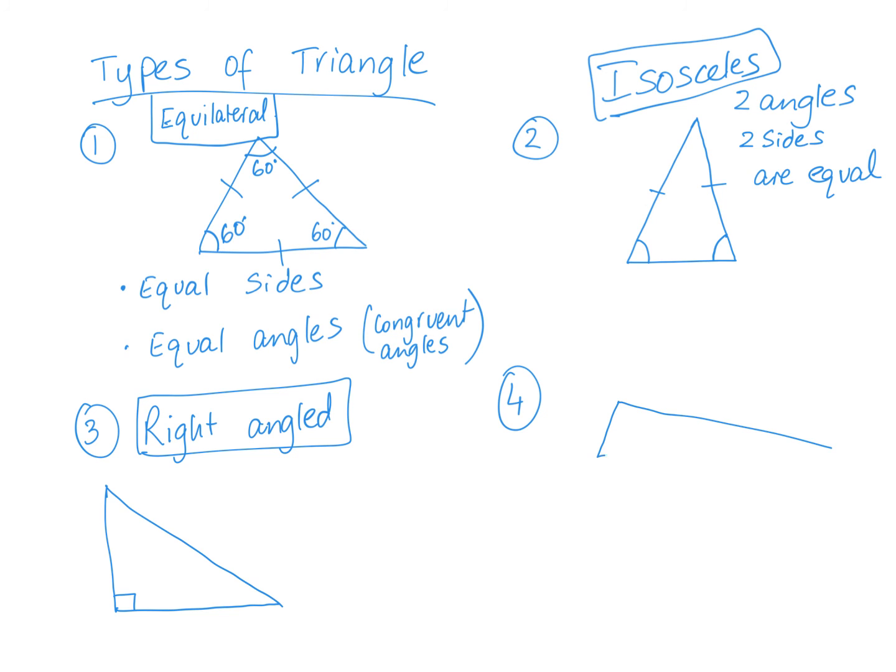So maybe something like this. Here no sides are equal. So you could have isosceles and right angled. That's when you've got 90 and 45, 45 as the angles. But scalene, no sides are equal, no equal angles.